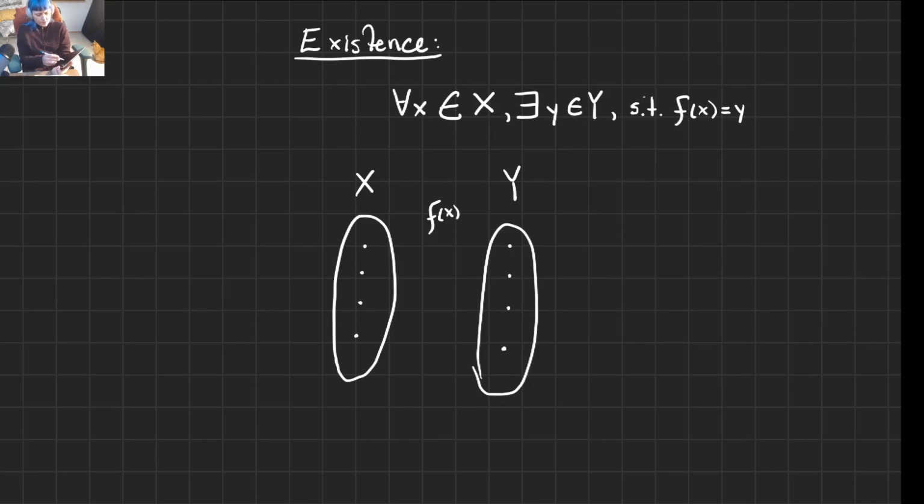So existence is really saying that all of these values have to connect to at least one of these values. So, for instance, something like this is not okay because we have a value here that doesn't get mapped to any value in the range.